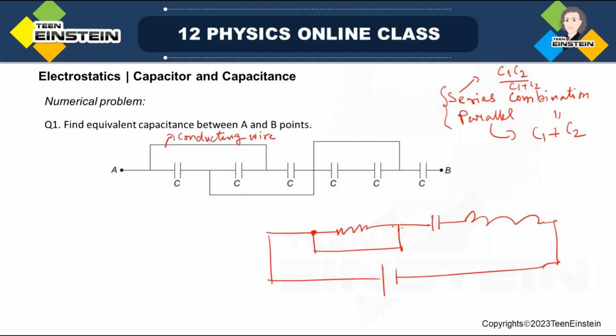If I just connect like this, suppose there was potential V1 here, this point I am also making V1.